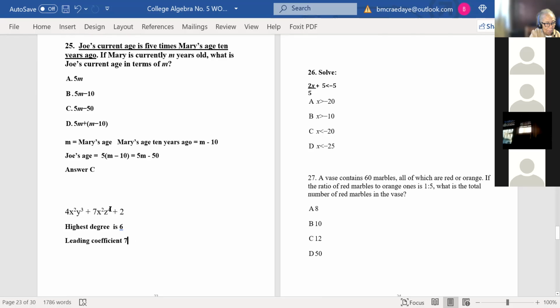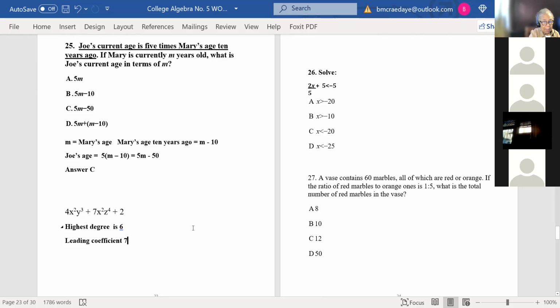When I add up these powers, I get 6. That's my highest degree in this polynomial expression, because when I add up the powers, this term gives me the highest number, 4 plus 2, which is bigger than 3 plus 2. The leading coefficient is the coefficient in front of the term with the highest degree, and that's the 7.